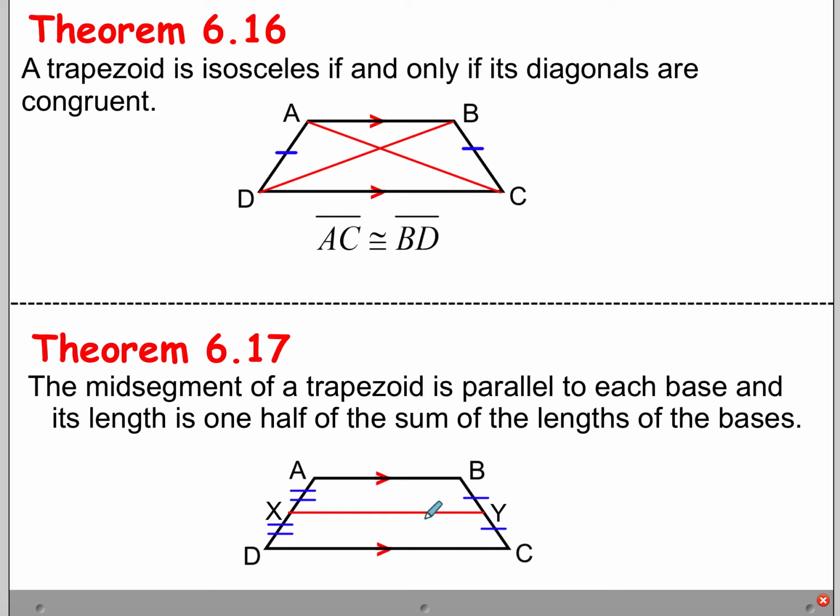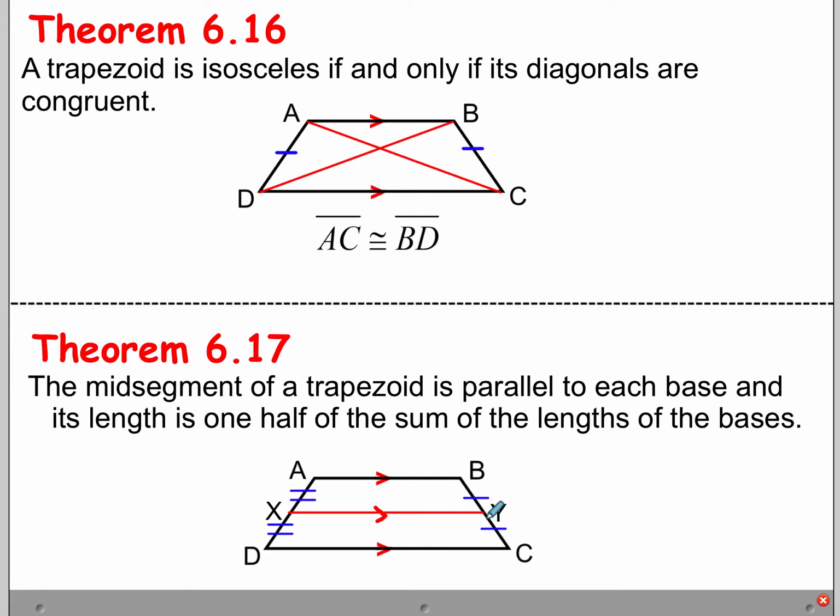This red line right here is what's called the mid-segment, and you should notice a few things about it right away. The first thing is it's parallel to each base. So we should add an arrow like these bases have, because it is parallel to them. What you'll also notice is that it perfectly splits each leg in half, because BY is congruent to YC.